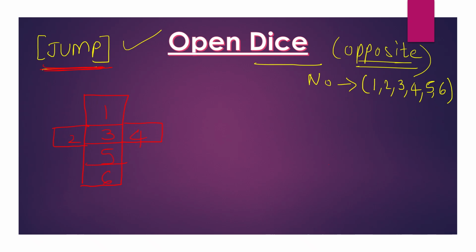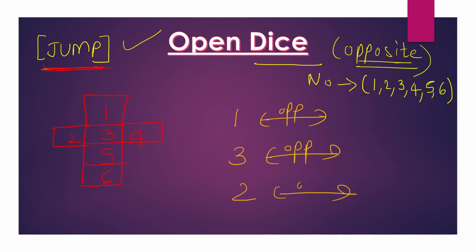Now tell me, what is the opposite of 1? What is the opposite of 3? What is the opposite of 2? You need to just jump. Skip one block and jump.